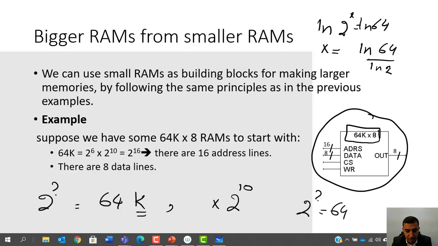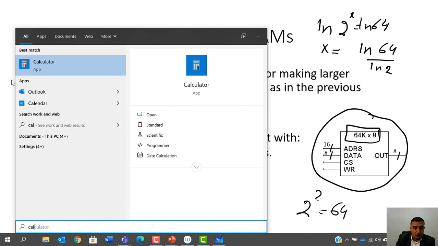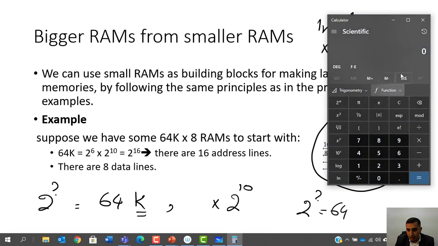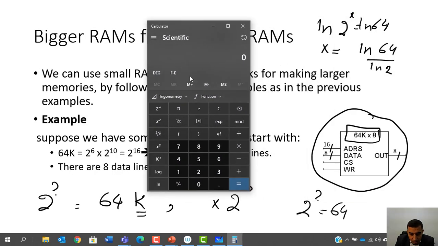If you do it on the calculator, do I have ln here? Yeah. I will say ln of 64 is equal to, ln 64 divided by ln, it's not like that then.